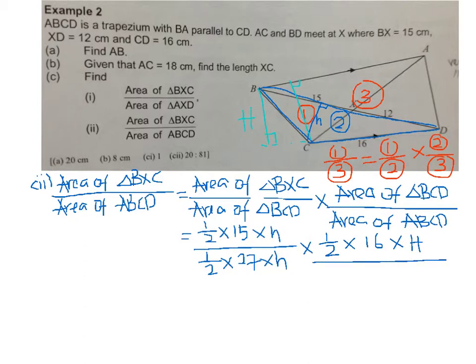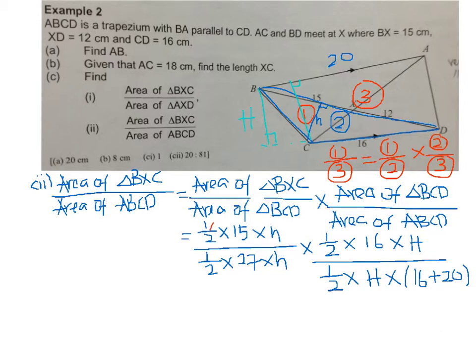And next, the area of the trapezium will be half times height multiplied by the sum of the parallel sides. So AB as found in part A is actually 20 cm.